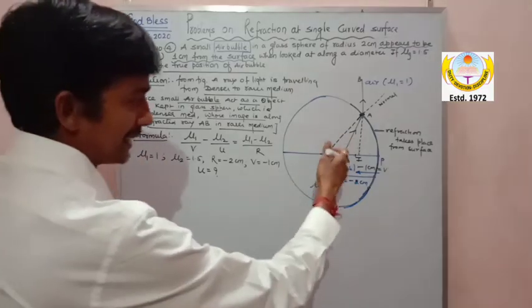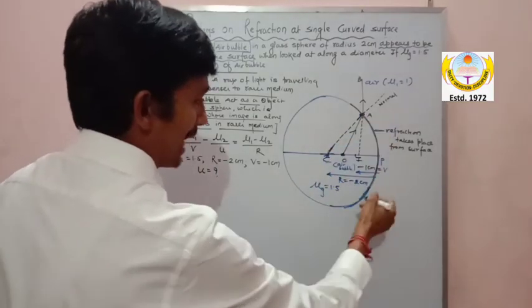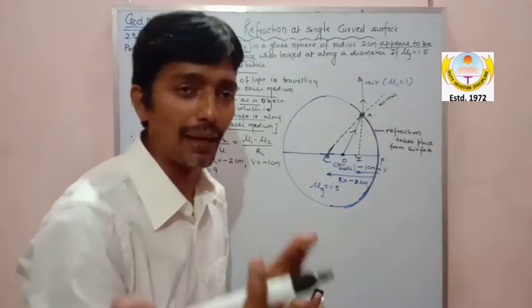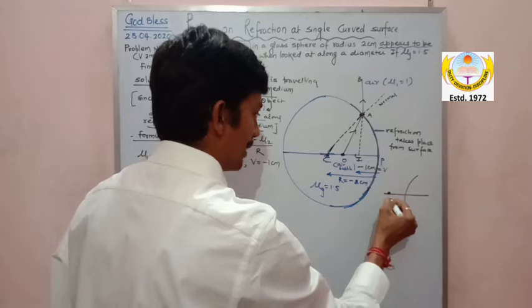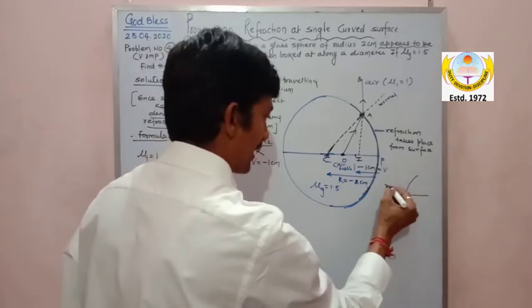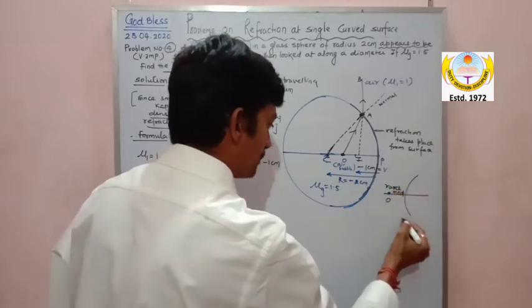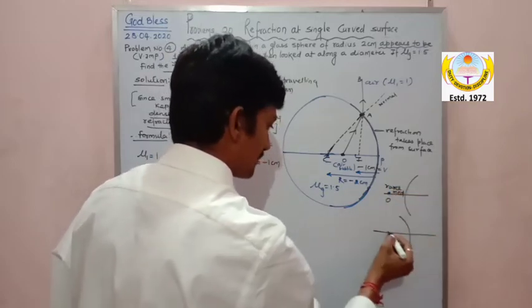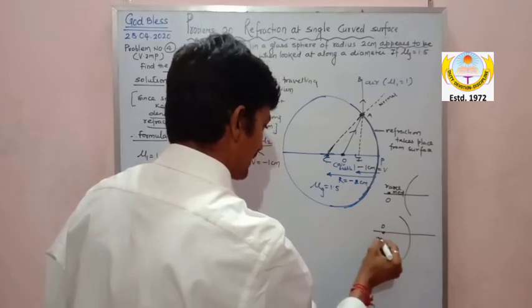And my dear, since I said the object is in denser medium, therefore I took this as a refracting surface, because I told you in my derivation, if I say the object is in the rarer medium, the diagram will be like this. Right? This surface is taken. This is for rarer medium. But when I say the object is in denser medium, this is denser medium.